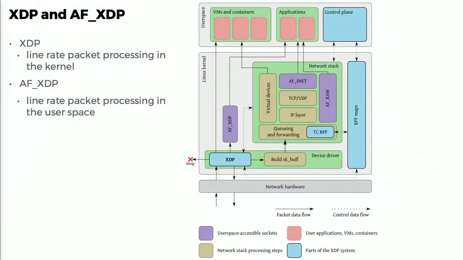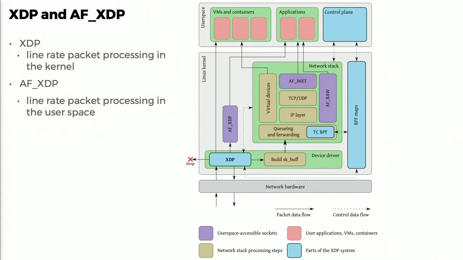There are two sister technologies to BPF that rely on BPF. They are called XDP, which stands for Express Data Path, and AF_XDP. XDP works completely in the kernel, where all the network packet processing happens inside. It doesn't go to user space. Whereas with AF_XDP, the pre-processing is done by the kernel, and the rest of the work is done by user space.